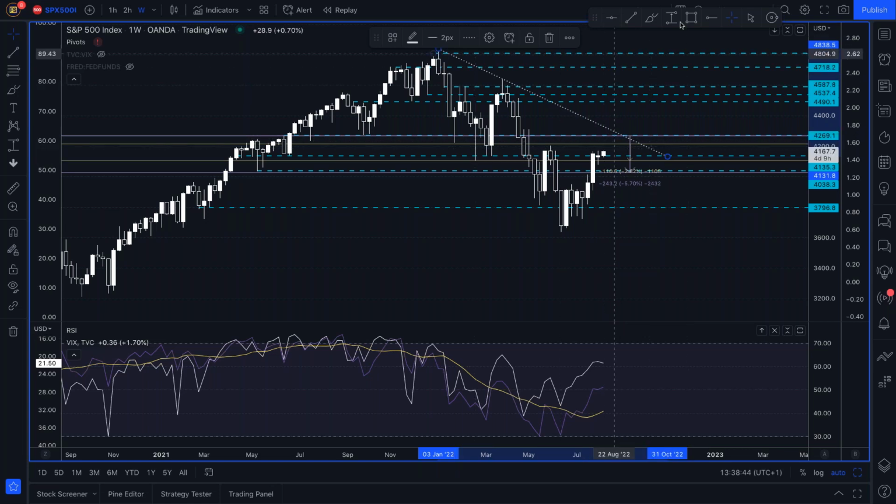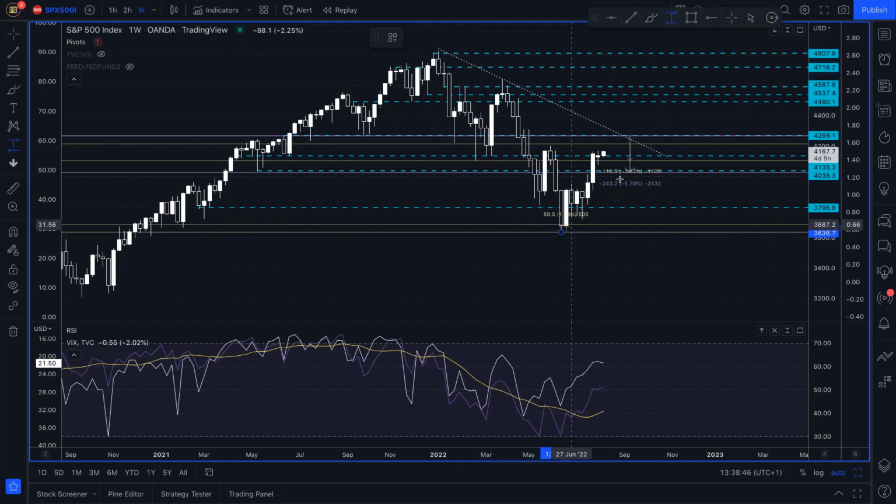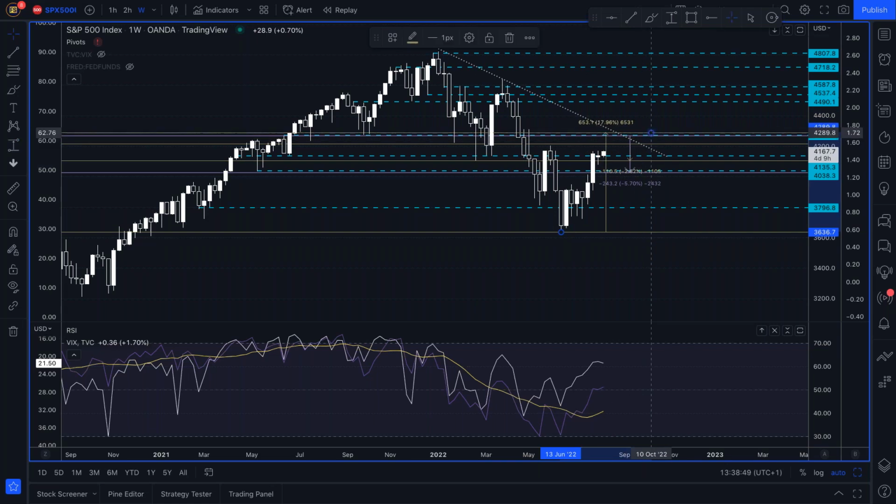Okay, but bear in mind that level is still under that 20%. So we could still have a bear market rally up to that region here, and that's still a bear market. We'd need to get above 20%. So you need to get above that 4,350 region really, to say that that's more than a bear market rally.